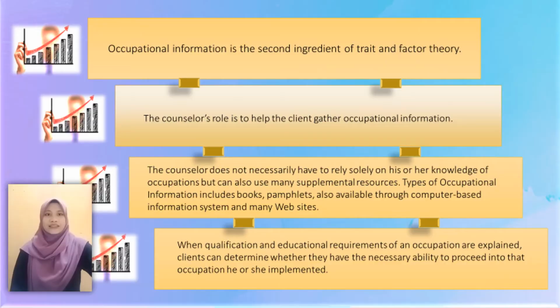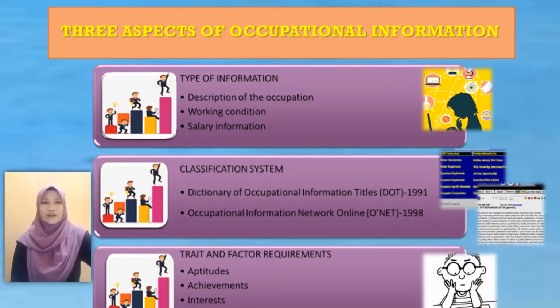Next, the first type of information, such as descriptions of occupations, working conditions, salary information, the necessary education, and also the employment outlook.